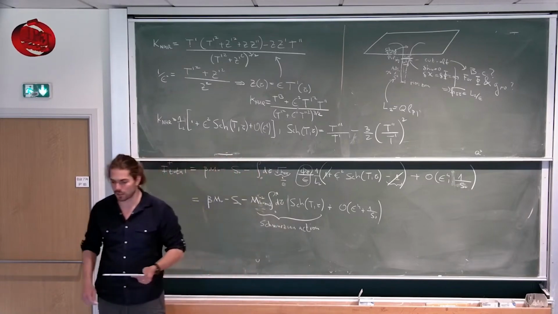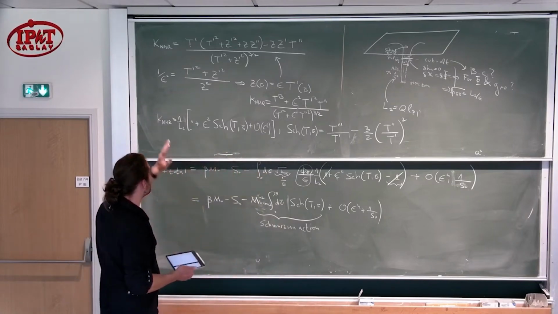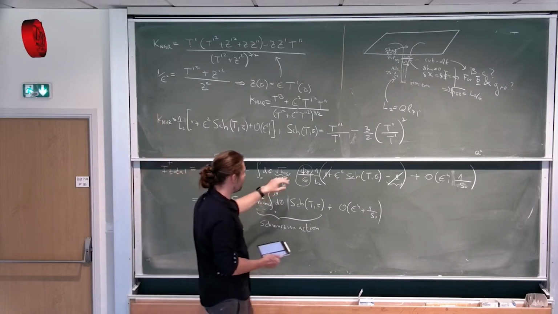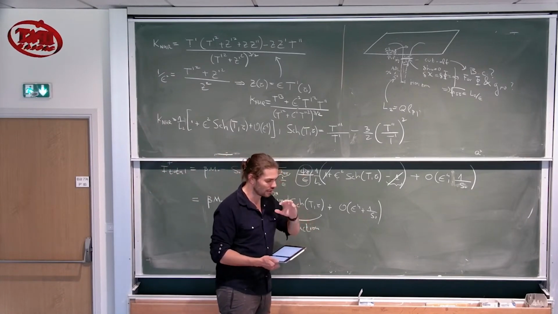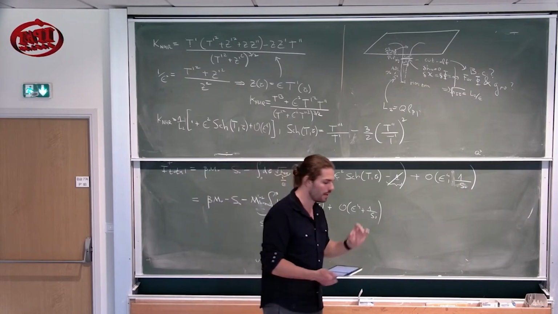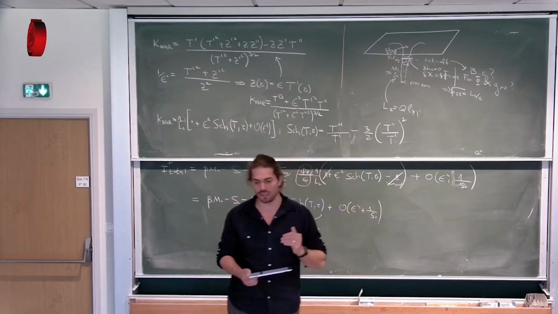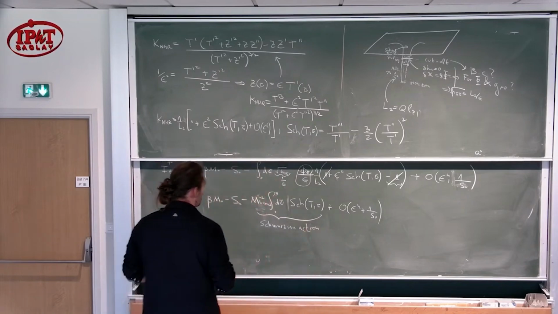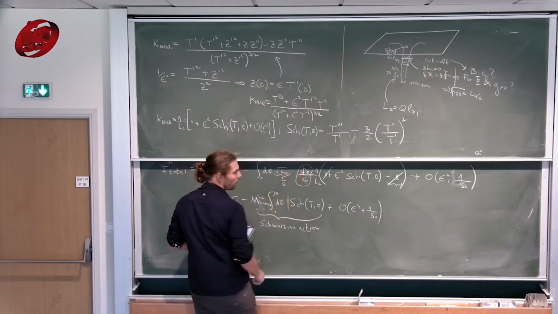And maybe the second observation that I'll make, going back to the initial JT action, why it's okay to set the value of the dilaton to be divergent in this case, but it's not okay in higher dimensions, is because that action doesn't have a kinetic term for the dilaton.